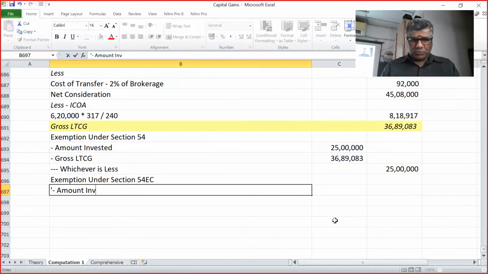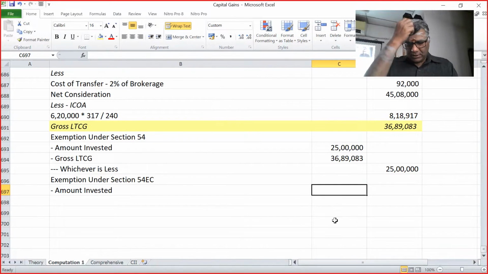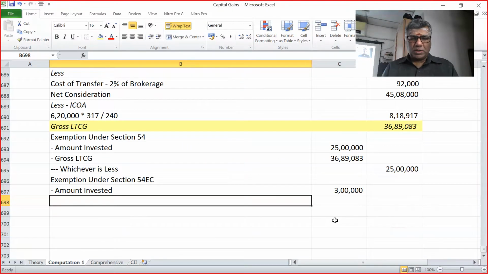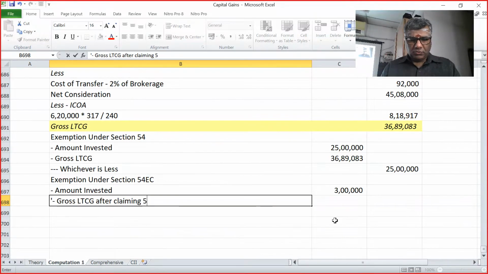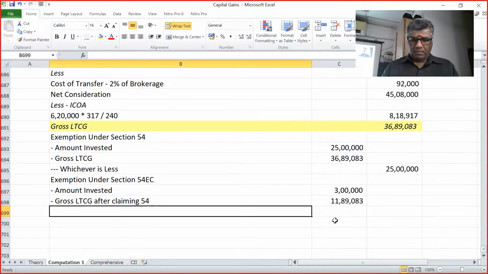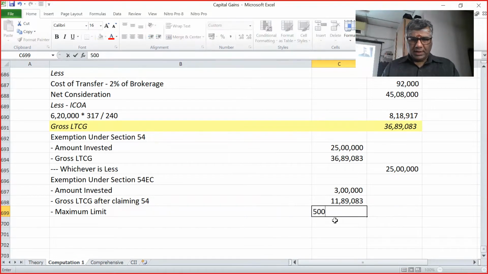Just writing the rules once so that we recollect. Amount invested is 3 lakhs. Gross LTCG after claiming 54, maximum limit 50 lakhs.